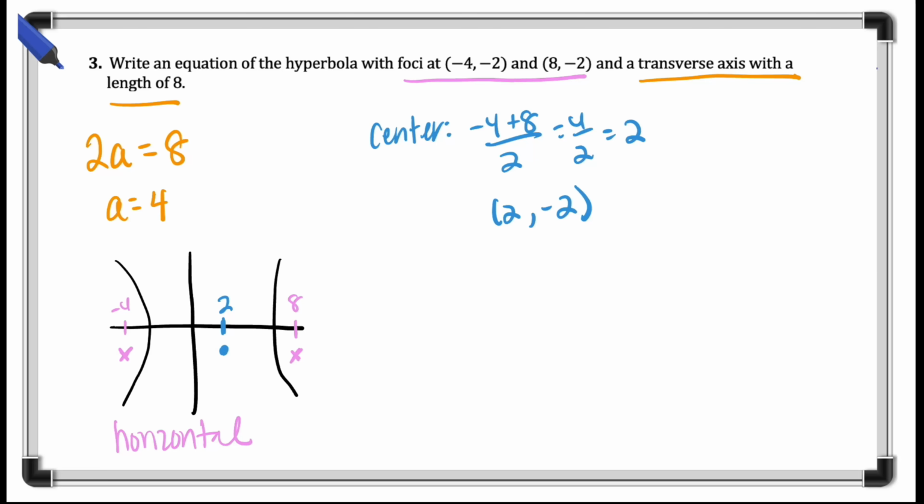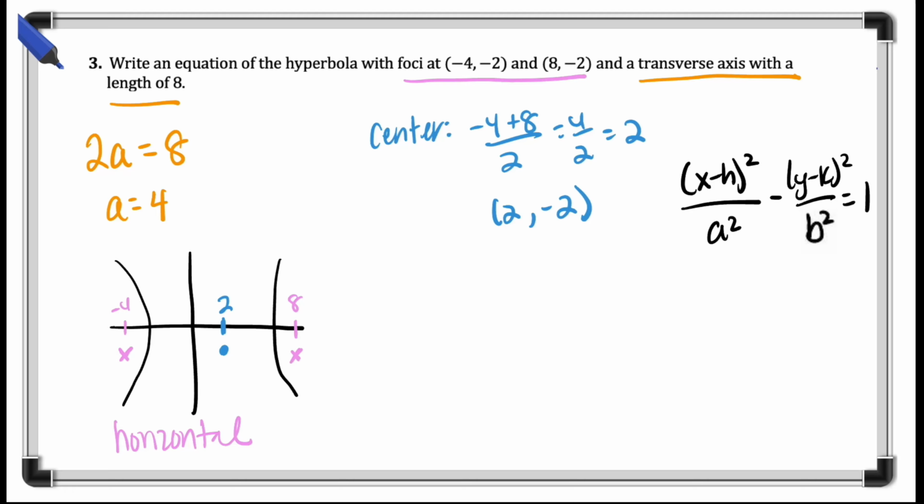Because you know this is going to be horizontal, and because you know your center, we can write down what formula we will use. And that would be the hyperbola formula for the horizontal direction. So we found our center and we know our A value.